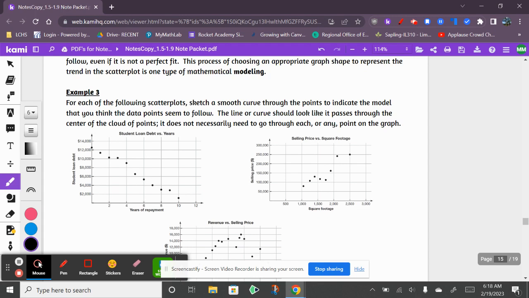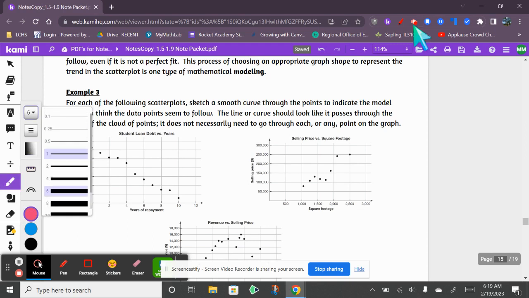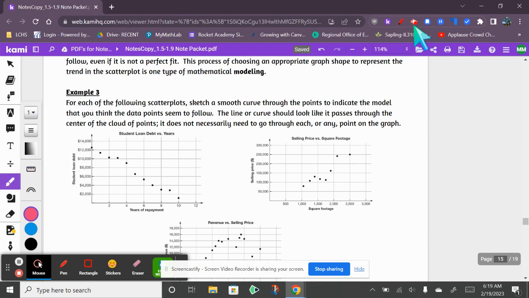When I do these, I like to think of it as we want about half the points above and half the points below the line that we draw. So for instance, this one right here, if I draw a line about, oops, that's a little bit too thick, give me one sec. To draw a line right about here, about half our points are above and half our points are below.